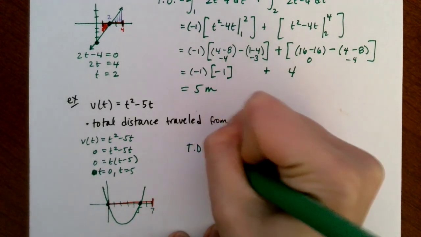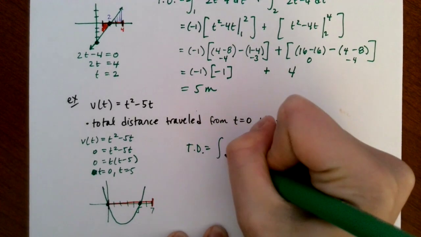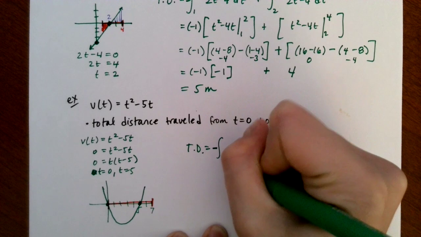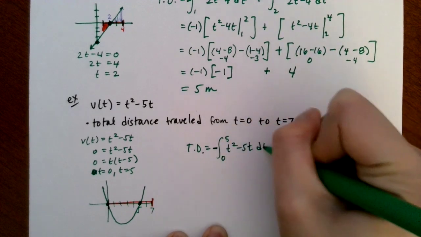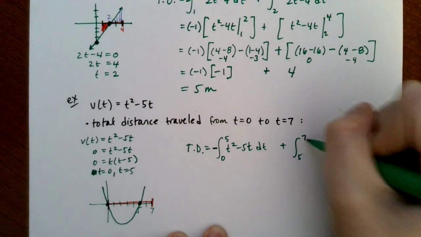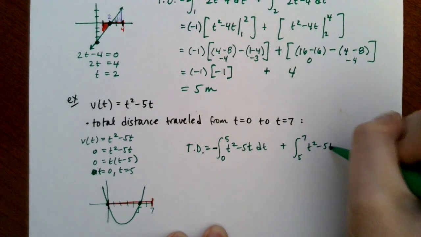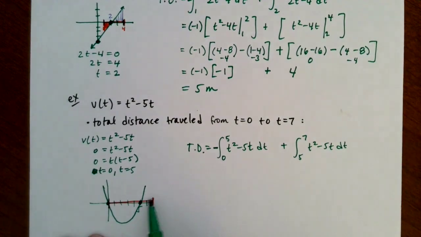So our total distance would be negative integral 0 to 5, and then plus regular integral 5 to 7 of the velocity function, because 5 to 7, it was contributing positively anyways.